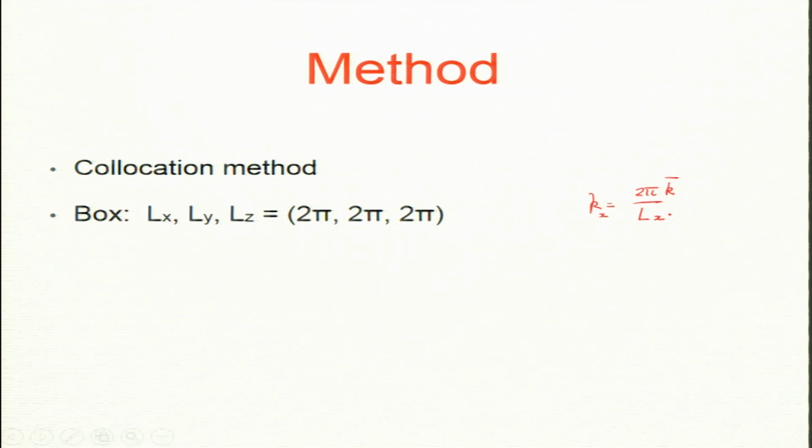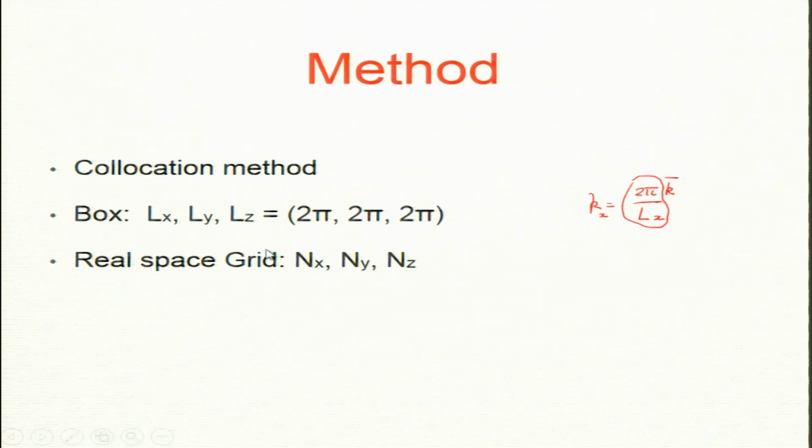Okay, so k-bar is an integer. Now, if the box is 2 pi, then kx equals k-bar. So, kx becomes an integer, which is convenient; we do not need to multiply by a factor. But in our code, the lab code, we could put an arbitrary Lx, so this becomes a prefactor. But for this box, we keep our life simple and just use a 2 pi box.